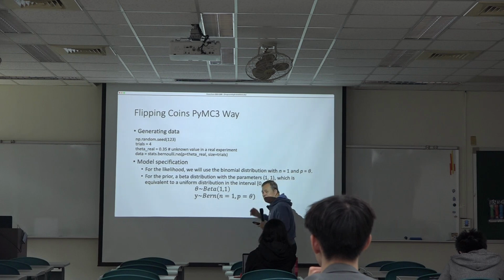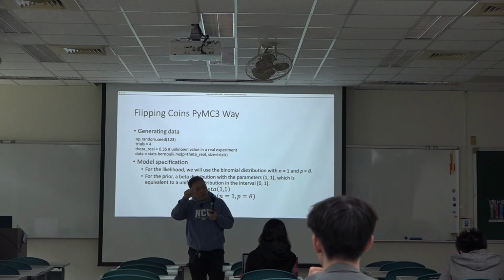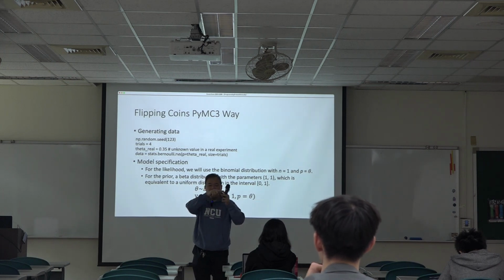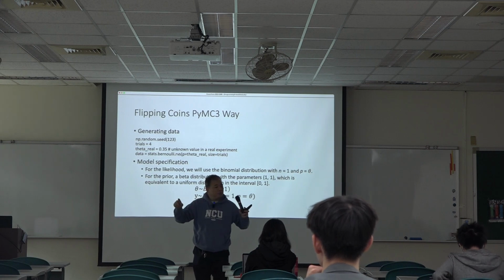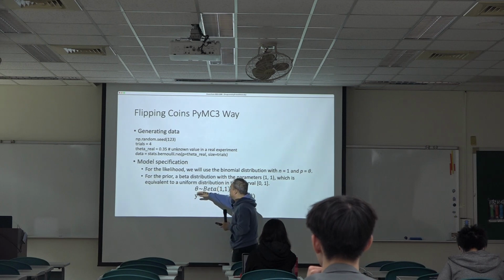If you remember, when you assign a and b both to be 1, it is flat, right? It's a uniform distribution, so it looks like this.